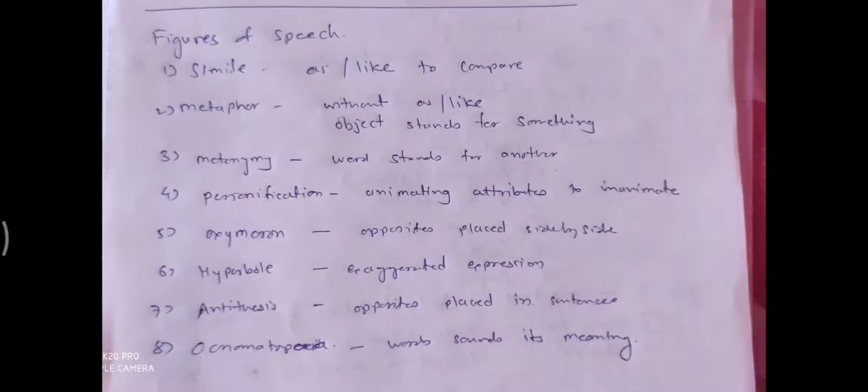There are so many points that we can see in this type of writing. In figurative writing, we have a comparison, and if the comparison is made with words like as or like, it is called a simile. Even in prose form, it may be called a simile.